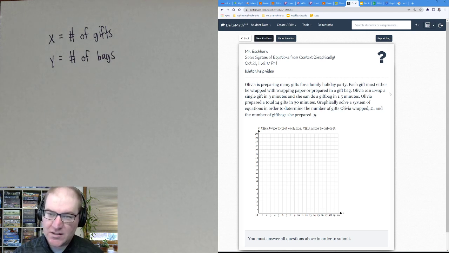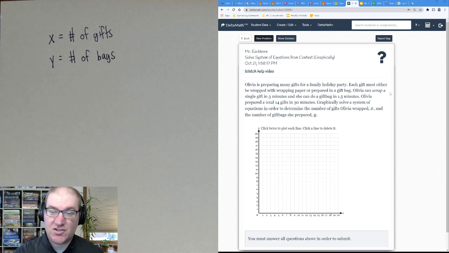The first fact has to do with the number of gifts that she wrapped, and the second fact has to deal with the number of minutes it took her to produce the gifts. I don't want to say wrap because she didn't really wrap the bags, right?